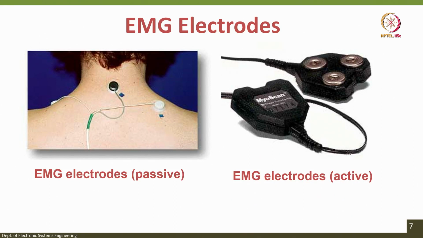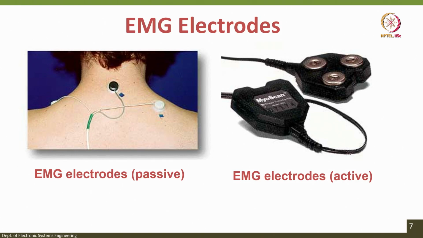These are some of the EMG electrodes that you can see. On the left side is a passive one, which means it does not apply any voltage, it just acquires the signal. On the right side are active electrodes from Myoscan. You can just search for Myoscan on Google to understand how these electrodes are used. Active means you apply a signal and measure the corresponding signals.